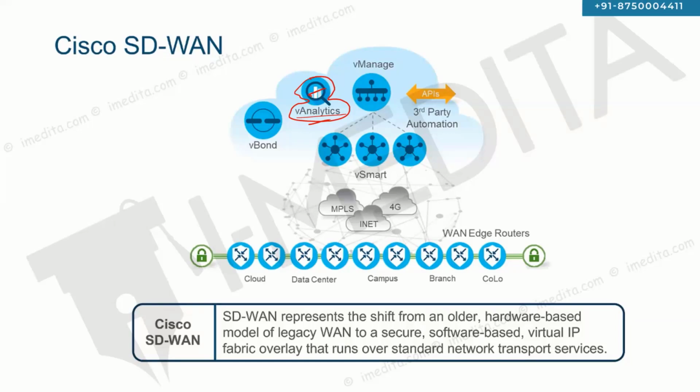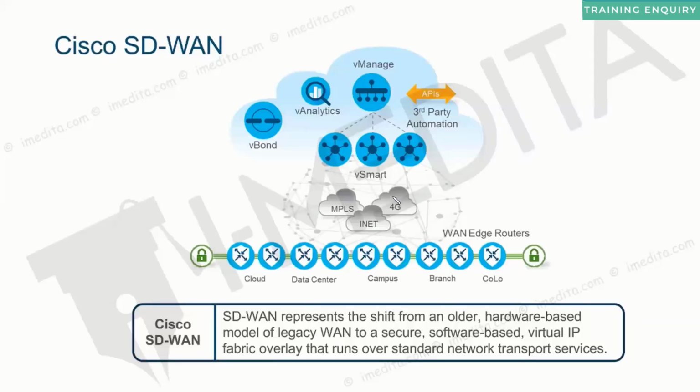So vAnalytics is a SaaS-based portal offered by Cisco that helps you generate interactive reports. It doesn't do anything when it comes to troubleshooting or making configuration on devices. So even if you do not have vAnalytics access, that is okay. It would not affect anything in the Cisco SD-WAN architecture.